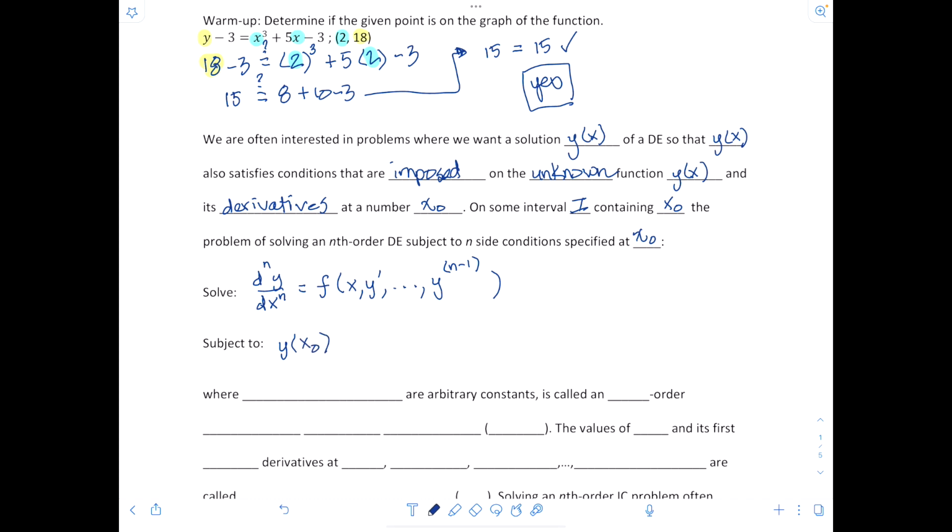So y at x0 would equal y0. If you had a second order differential equation, you'd have y prime at some x0 equal to y1.